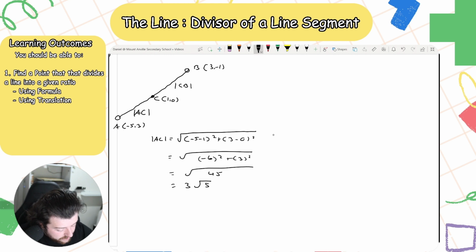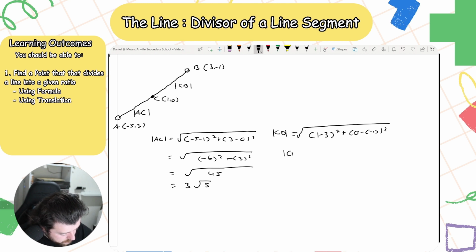Right, let's find CB. So from the dividing point to B, my distance is going to be the square root of (1 minus 3) squared plus (0 minus negative 1) squared, which is (-2) squared plus 1 squared.